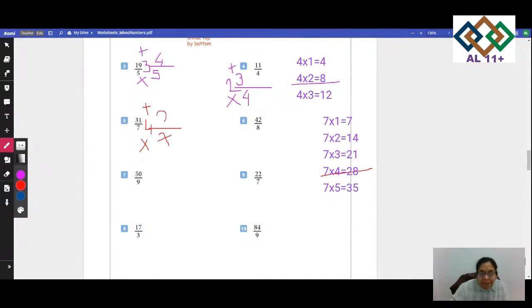You will add 3. I'm just doing it a little easier for you guys. And you could also see that you have done it right. 7 multiplied by 4 is 28. What in 28 you will add to give you 31? You will be adding 3 to give you 31. So we have done this one.